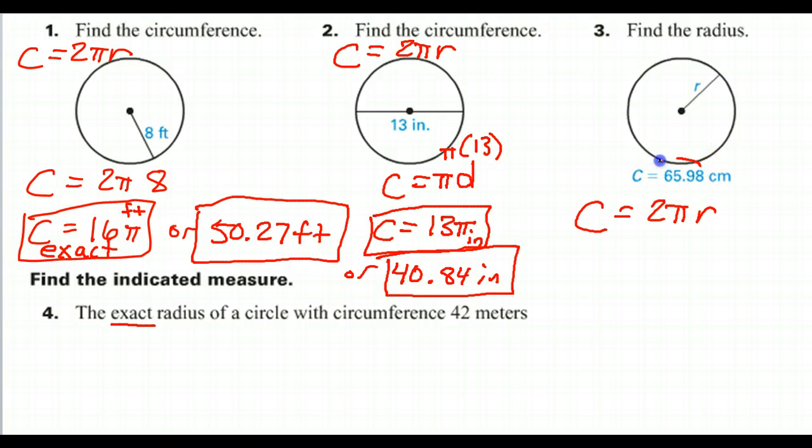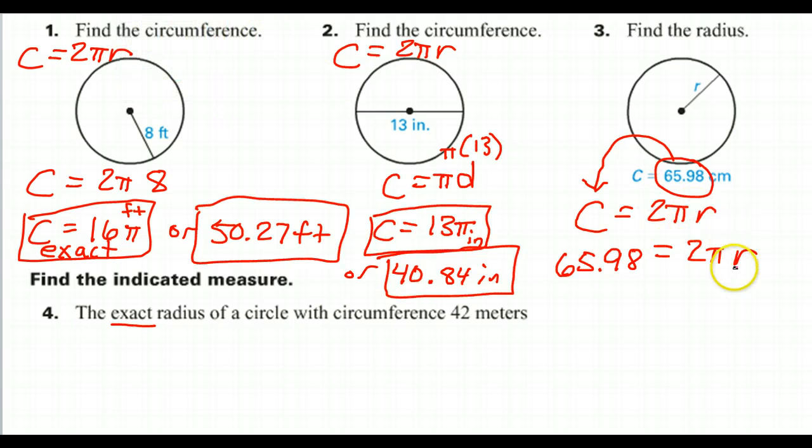So I can just take this circumference and put it here in for C. So this becomes 65.98 is equal to 2 pi r. Now I just need to solve this for r, and I could get r by itself by dividing both sides by 2 pi, like this. These cancel out. So that tells me what r is.